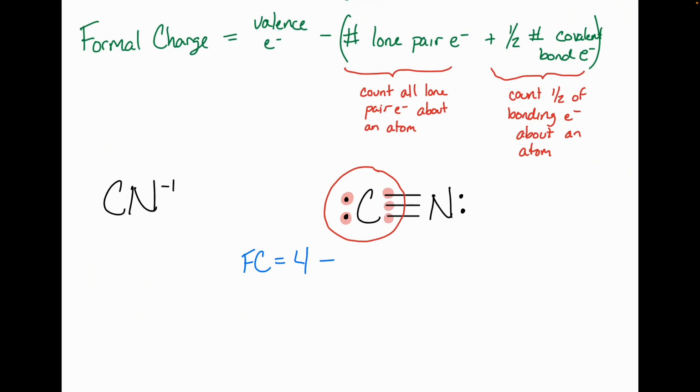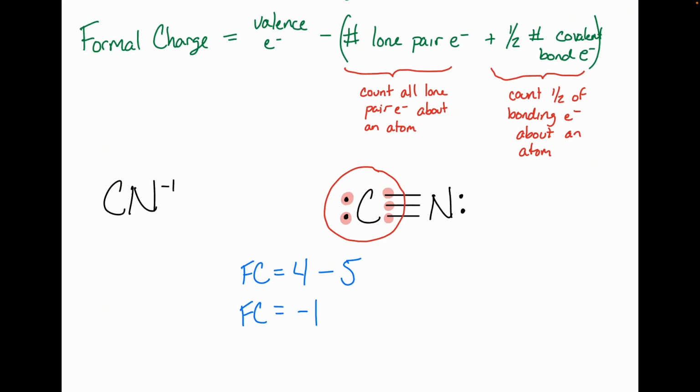That's how I'm going to calculate my formal charge on this carbon atom: the number of valence electrons that carbon has before it makes its compound, and then how many electrons we see in our circle in our Lewis structure. So if I subtract my 4 minus 5, I see that my carbon atom has a formal charge of -1. So in this structure, the net charge on this ion is -1. Where does that -1 charge live? It lives on that carbon atom.